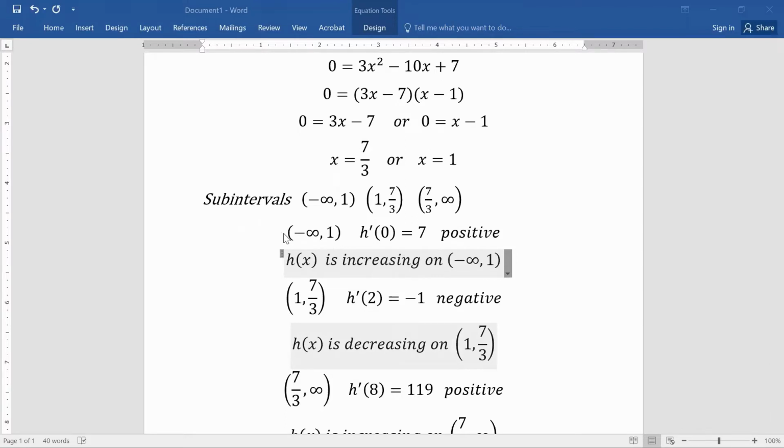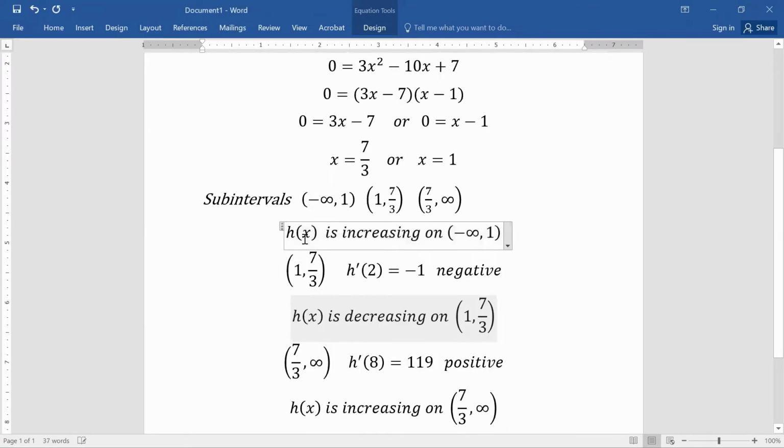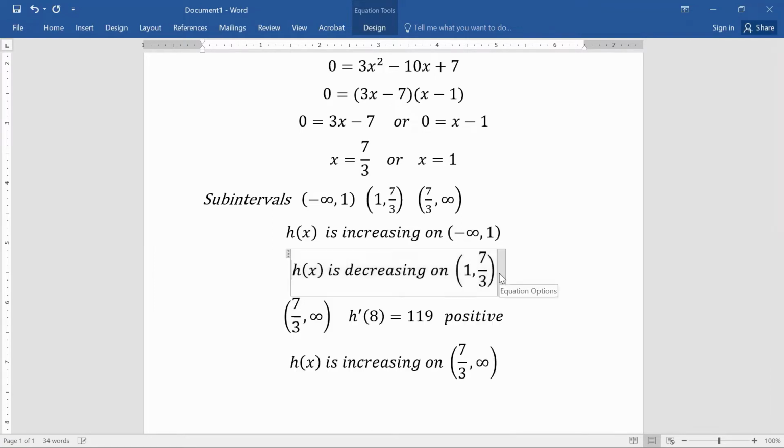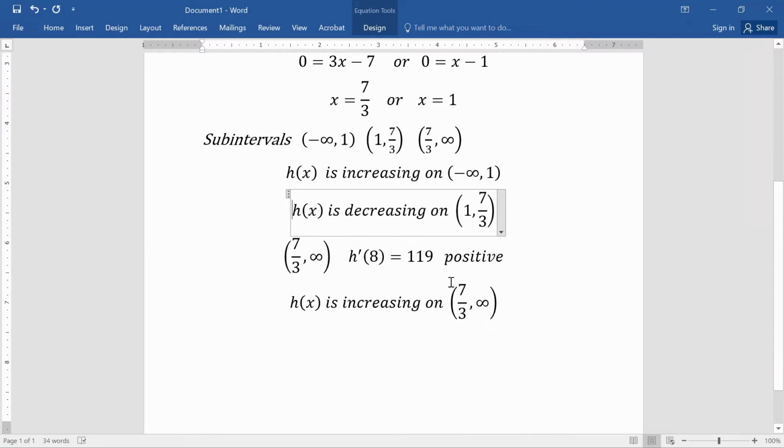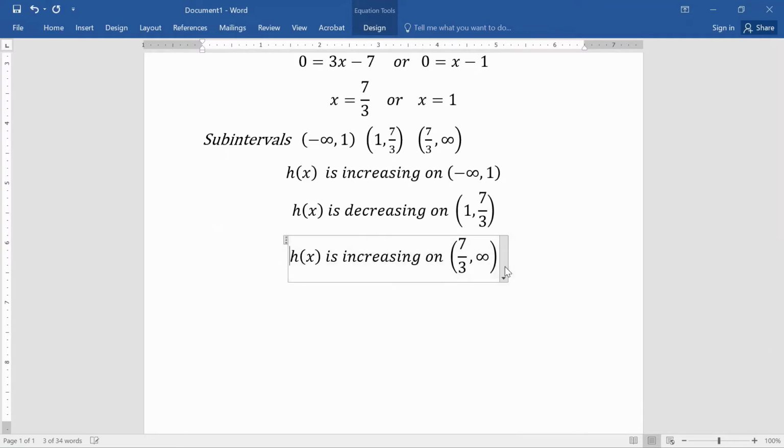From -infinity to 1, my function h of x was increasing. From 1 to 7/3, my function h of x was decreasing. From 7/3 to infinity, my function h of x was increasing once again.